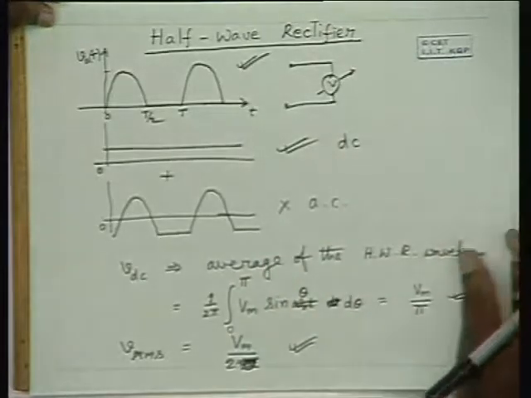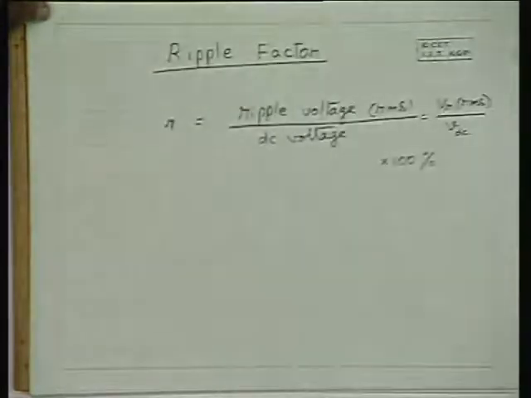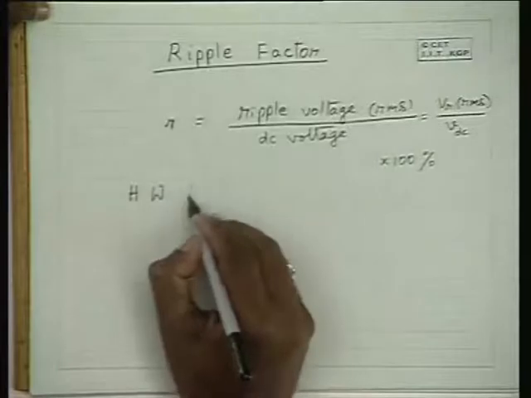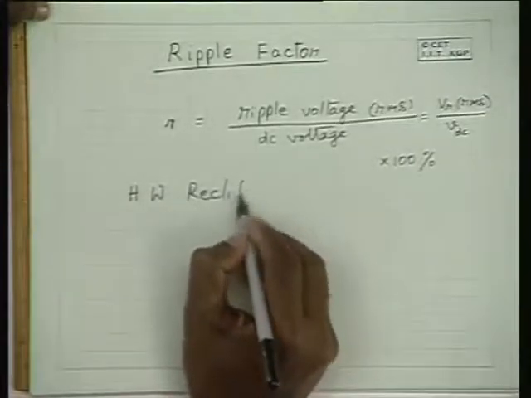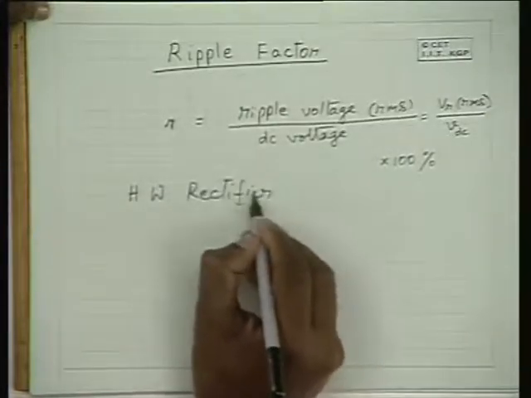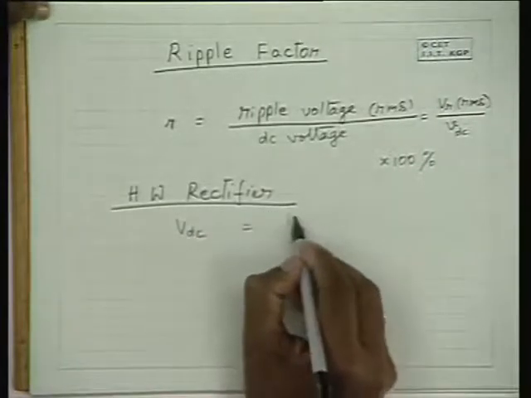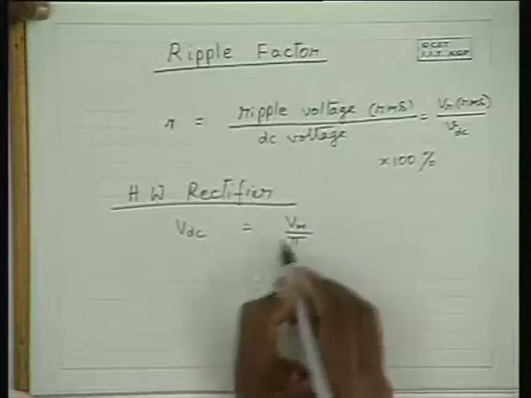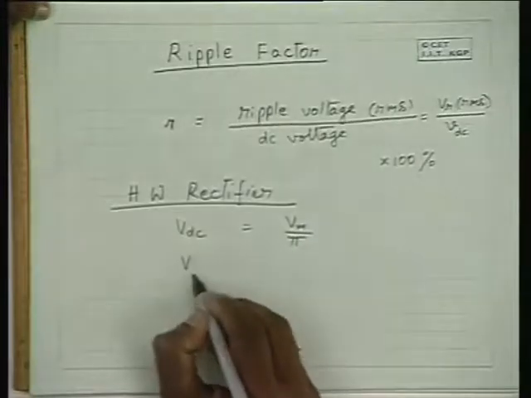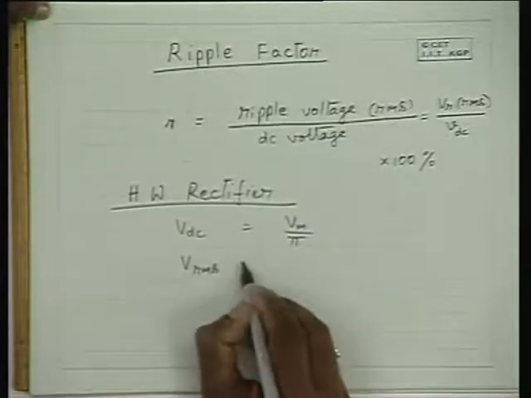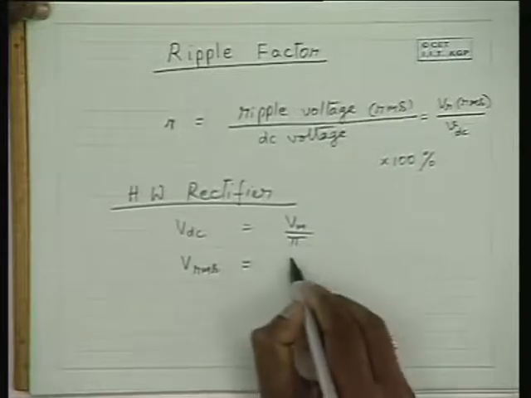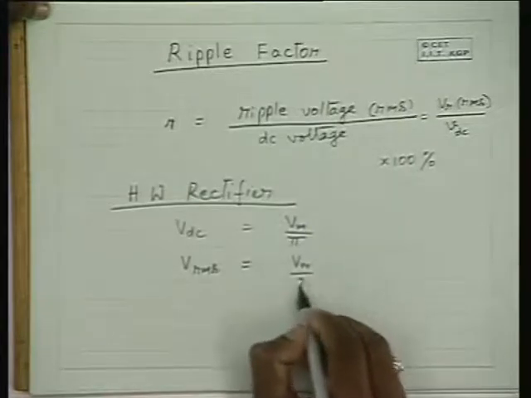Now in the case of a half wave rectifier, VDC is equal to Vm by pi, and VRMS, that means the full rectified waveform's RMS voltage, is Vm by 2.